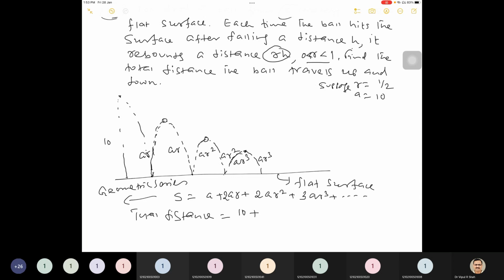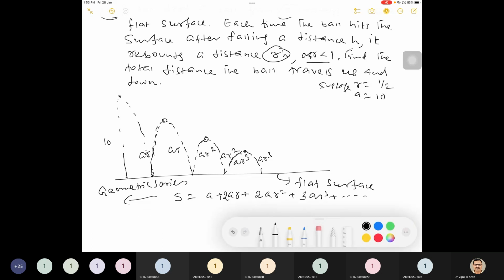You understand? And now if you want to find its exact sum, you can find the exact sum also. So if I do like this, plus a, plus you can take 2a outside, even r also outside.